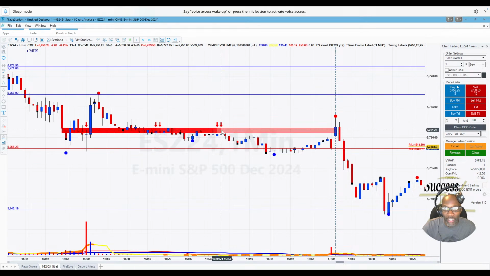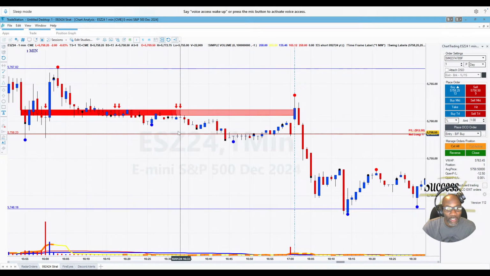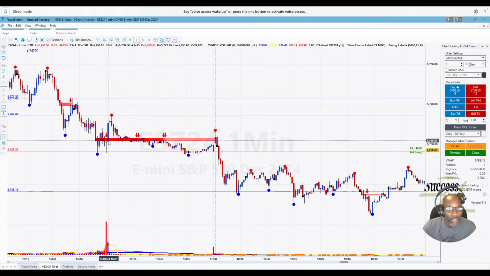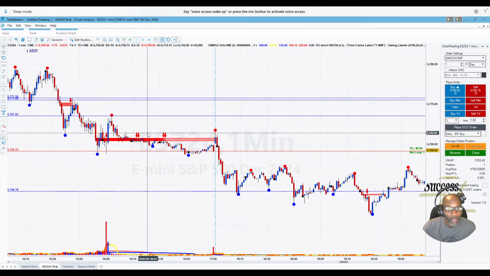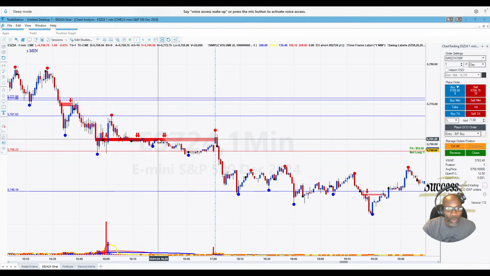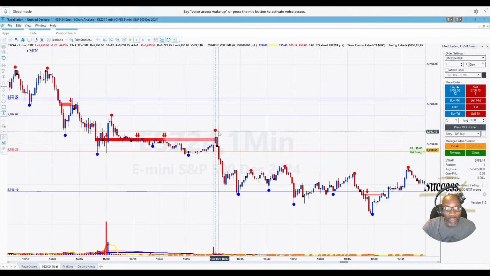So yeah, I guess when you look at it like that, it doesn't look as great, because if you had taken this one here, you would have been in too early. But taking this one or this one would have been fine, because it never really broke above your stop and the price did move down. Or you could have taken it when it came back to retesting that area.